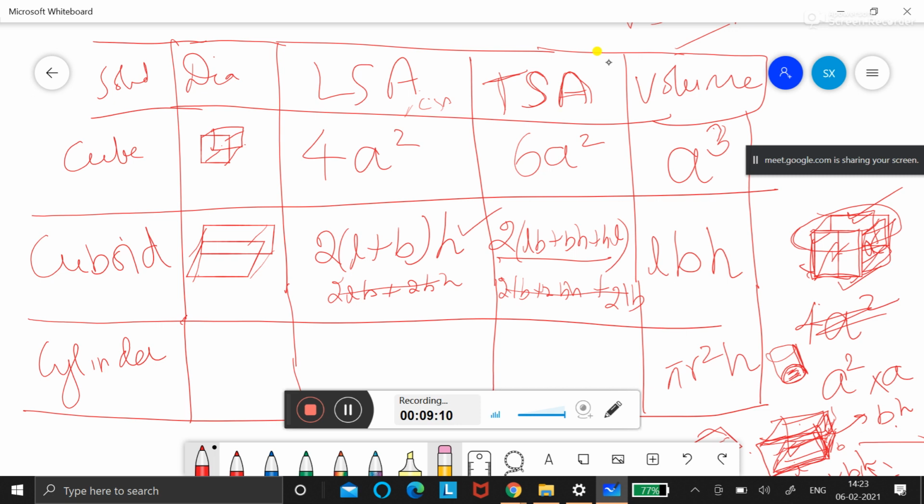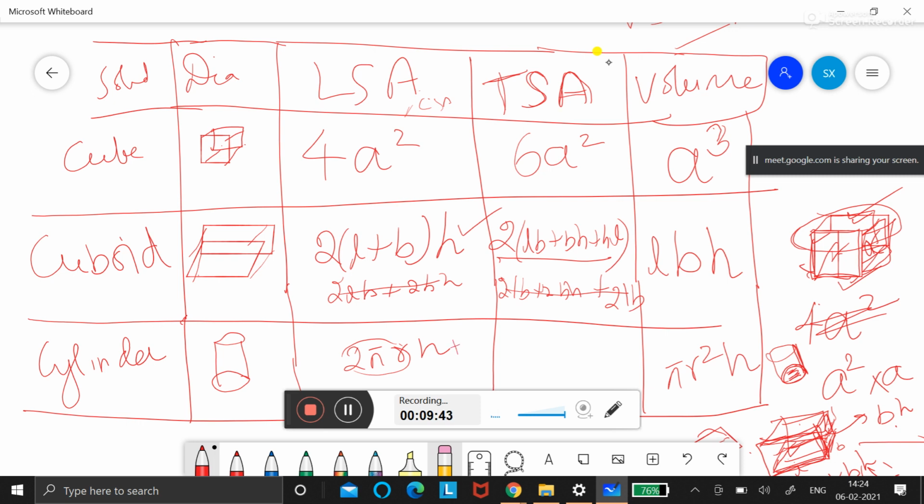And curved surface area, it's not there in your lesson, because we have deleted it due to the pandemic. We are only teaching you the first 5 sums. But still, you learn that 2 pi r h will come. CSA of a cylinder is 2 pi r h. How we got it: the rectangle is L into B, but we are making a circle on paper, so that length will be the circumference of the circle and the breadth will be H. So 2 pi r h.